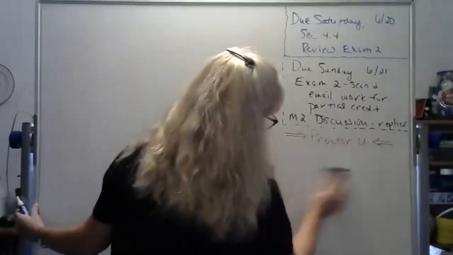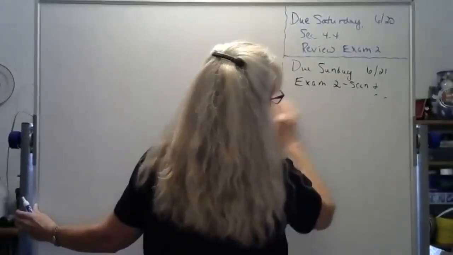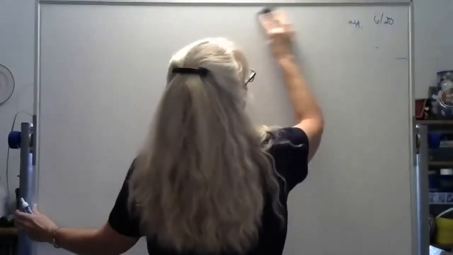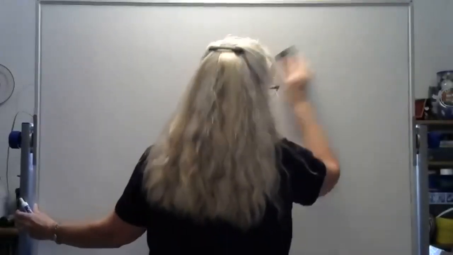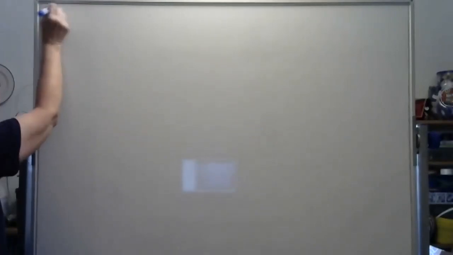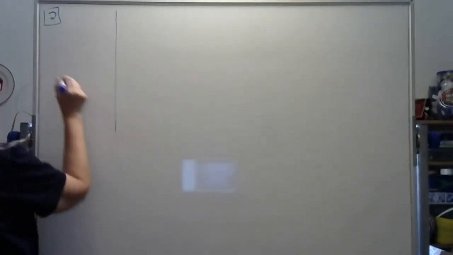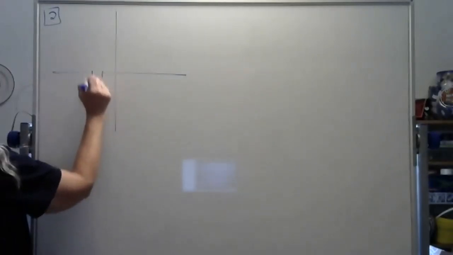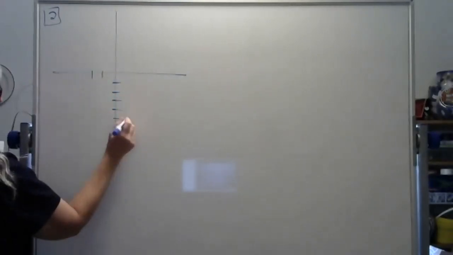Okay. The next problem I want to look at, I'm going to give you the graph of a function and then ask you all kinds of questions about the function. So this is problem 2. Okay, so we have a point at -2, -1.